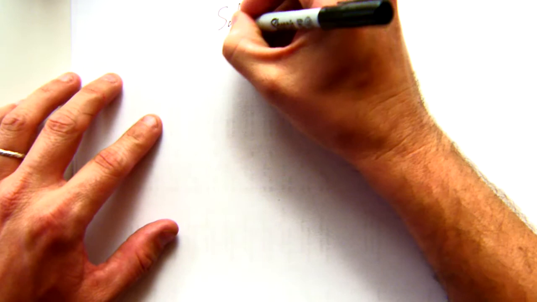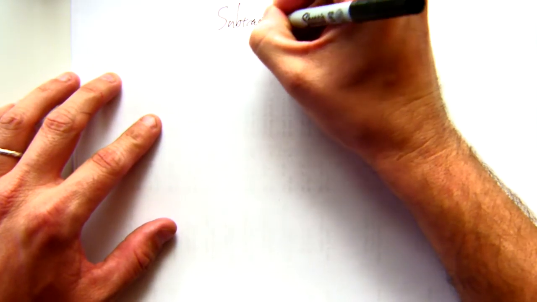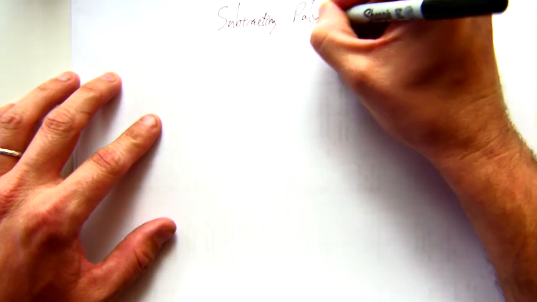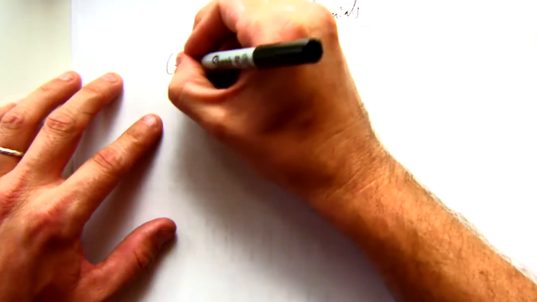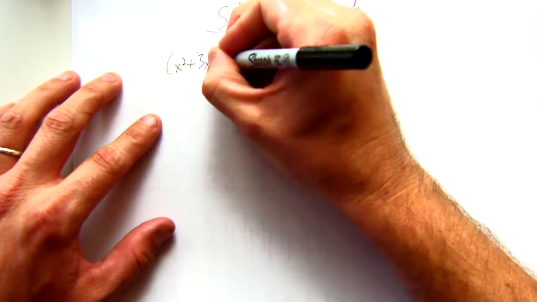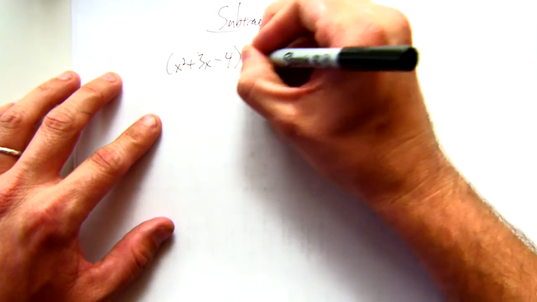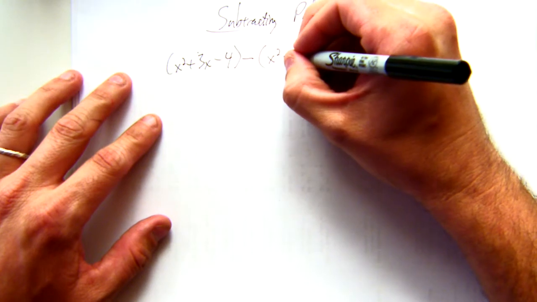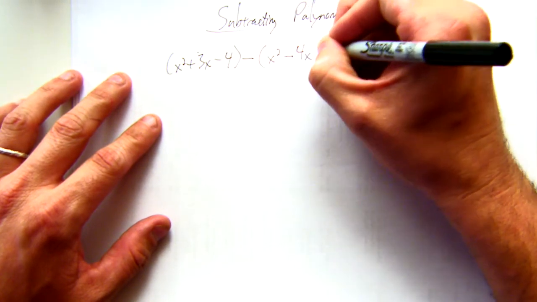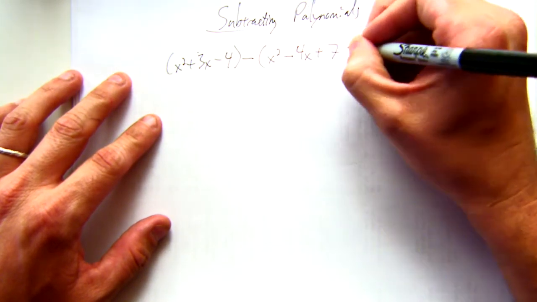Last one. Now this one can be tricky. Subtracting polynomials. So what if I do x squared plus 3x minus a 4 minus an x squared minus a 4x plus 7.